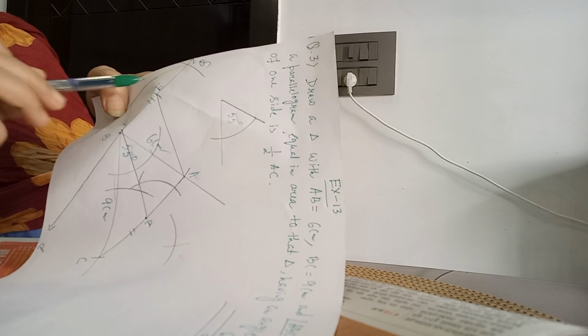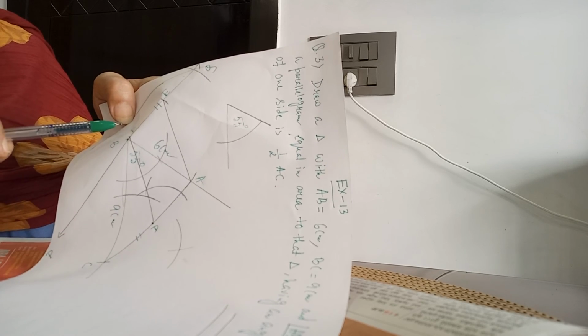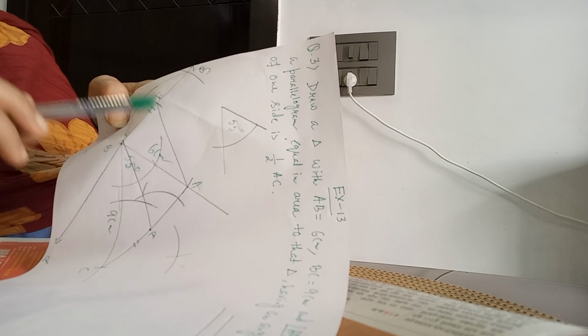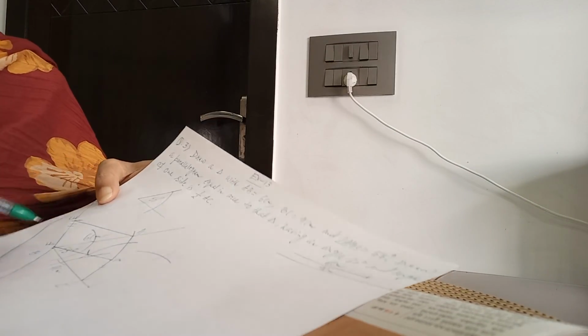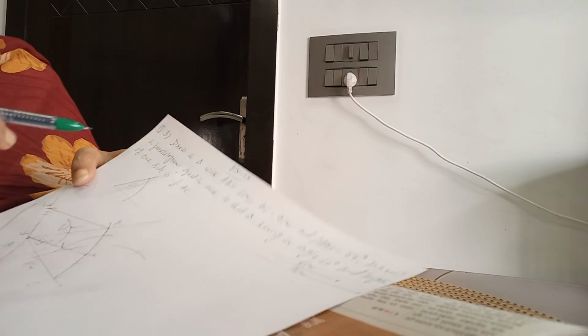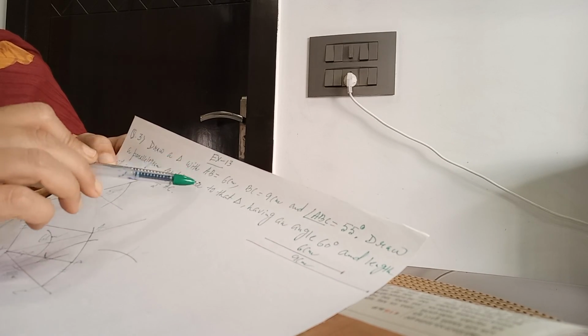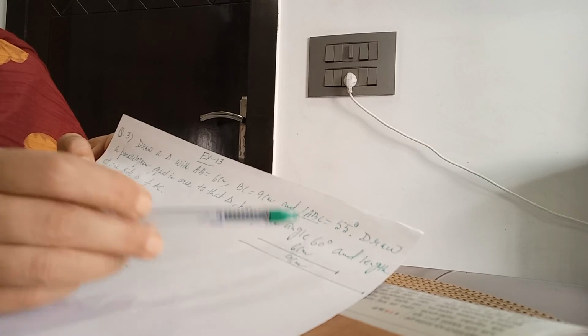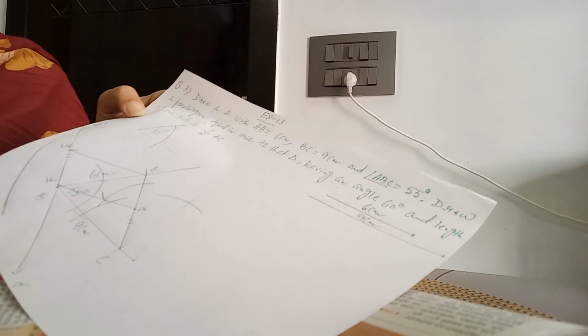So F and E. So your parallelogram is FDAE. Clear? So parallelogram FDAE is constructed whose area is equal to the area of the triangle, having an angle 60 degree and length of one side half of AC.